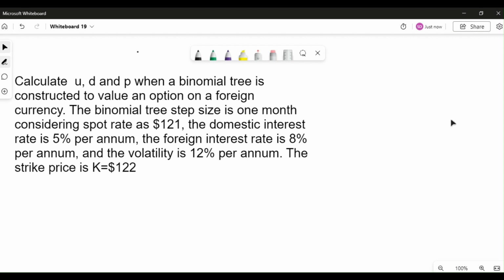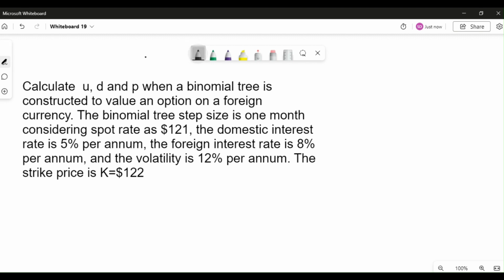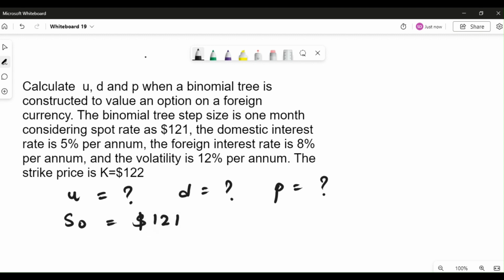So let's list down. We want to calculate U. U is not given, D is not given, and P is also not given. This is what we have to calculate. Then we have the spot rate, which is given as $121. And then we have a domestic rate of 5%, and a foreign rate equal to 8%.